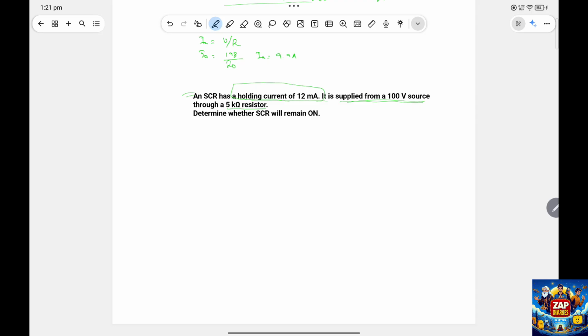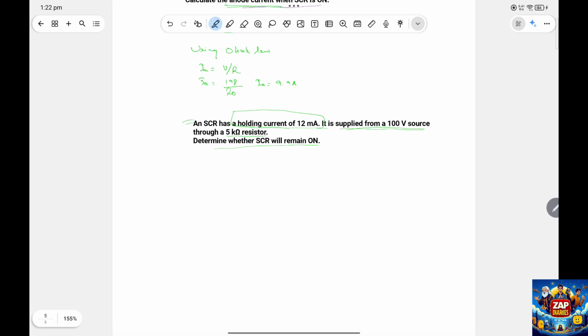Then we can compare the supplied current with the holding current, and find whether the holding current is greater or smaller than the current through the circuit. This will ultimately decide whether the SCR will remain on or off. Okay, so I will not solve this question. You answer me the result of this in the comment section, or you try to solve this.